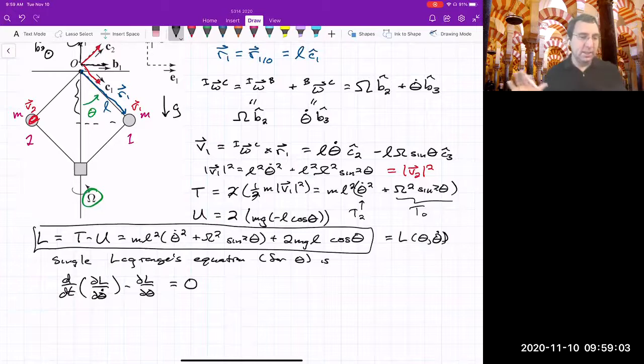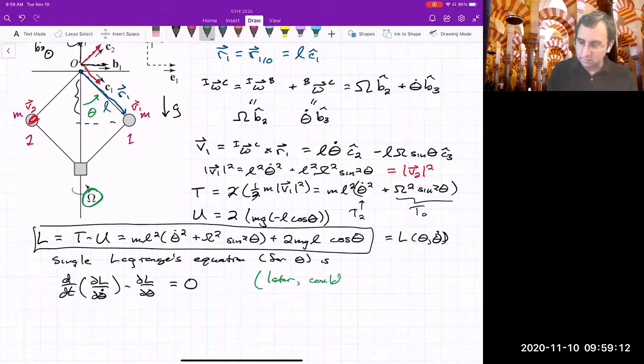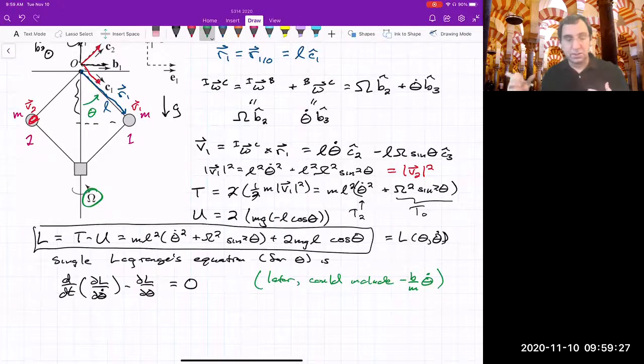For now, we're not considering any non-conservative forces. Just as a note, later we could include damping, say a force that looks like the negative of some positive constant times theta dot. So it resists motion in theta.